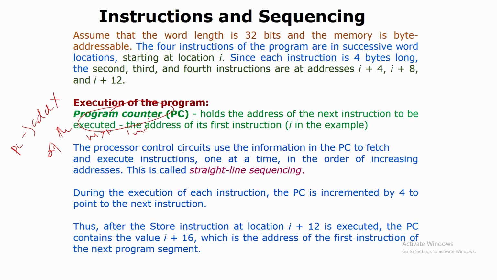Proper instruction sequencing ensures the correctness of program execution by maintaining the intended order of operations and preserving data dependencies across successive instructions.